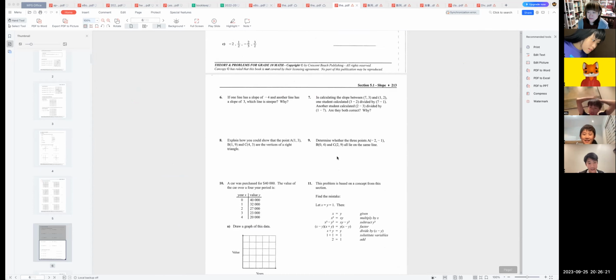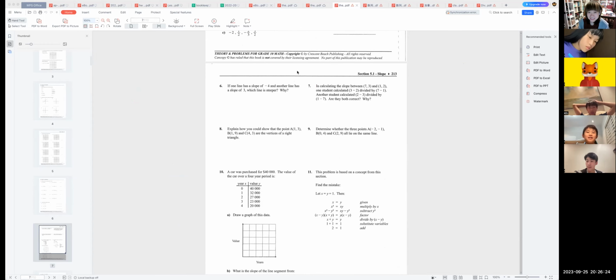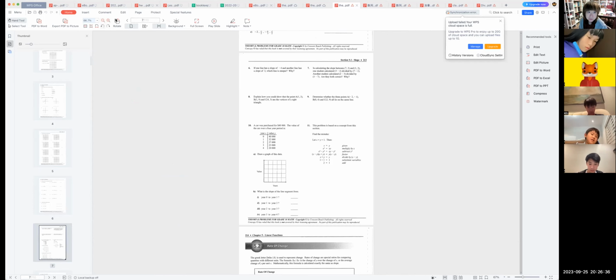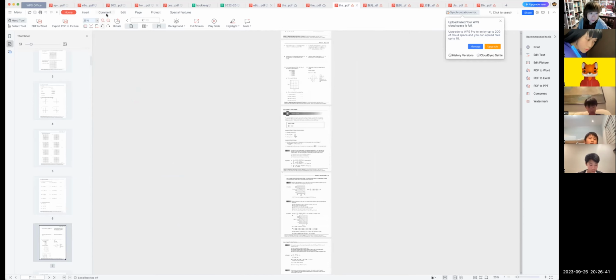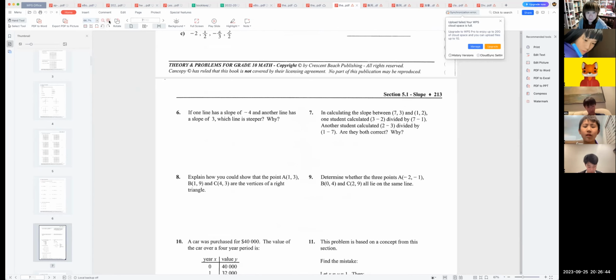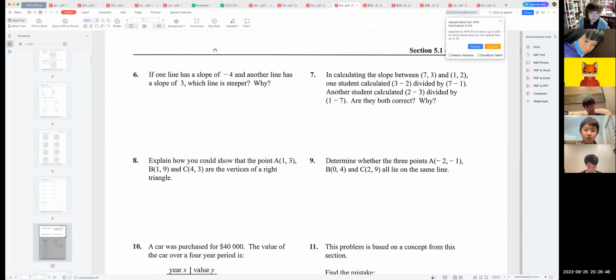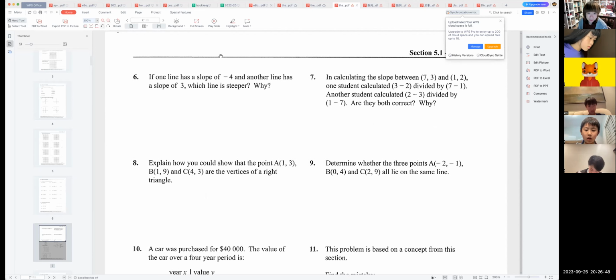好，我们现在来看一下，now let's move forward to the part that everybody hates the most，因为我觉得很多小朋友做题都可以，一到应用题就开始蒙圈。If one line has a slope of -4，好，看到这句话，m equals -4，写好了，对不对？And another line has a slope of 3.